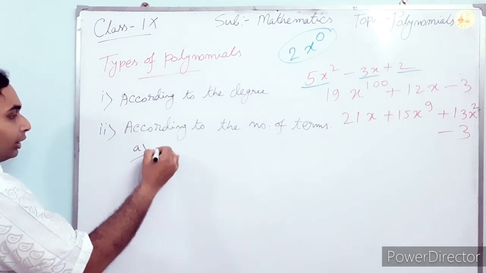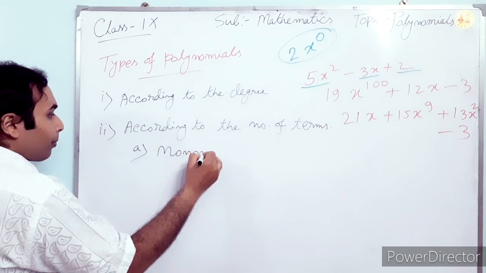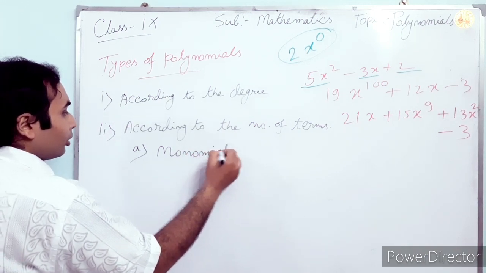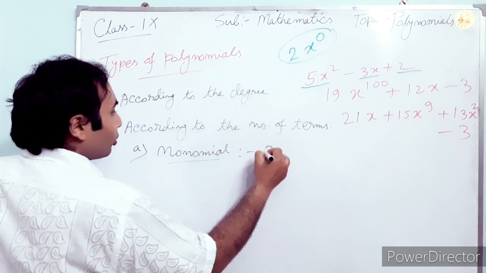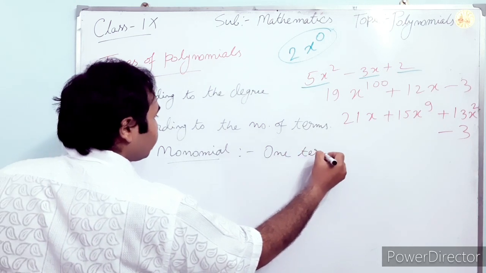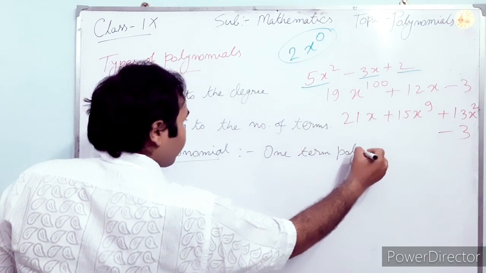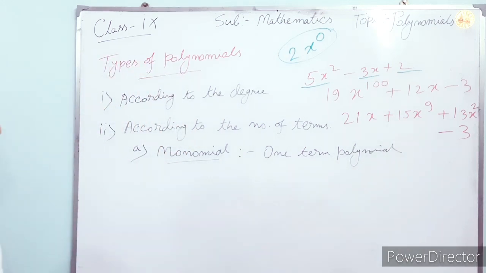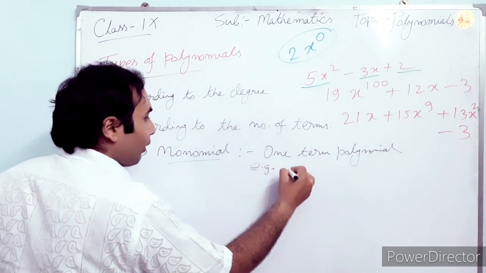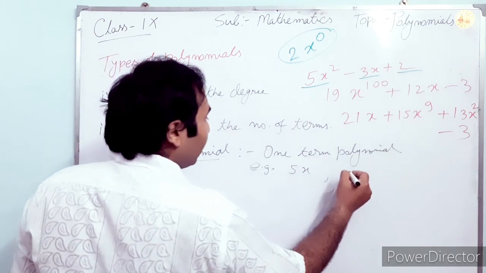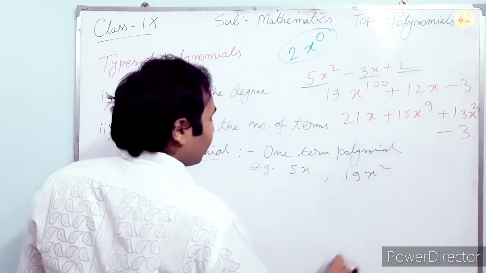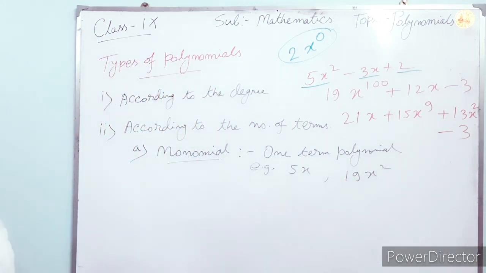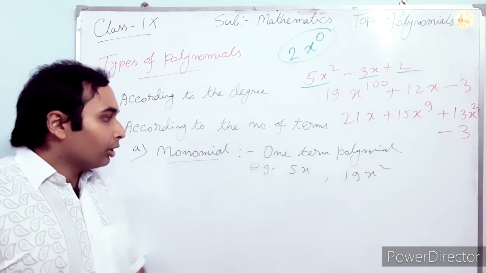So A, that is the monomial. Monomial means one term polynomial, as for example 5x, as for example 19x square. Those are the monomials, only one term is there.